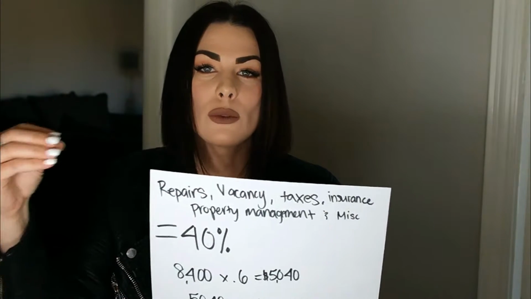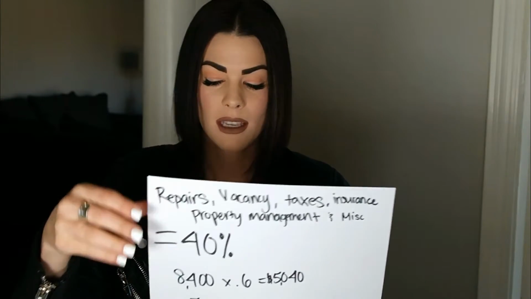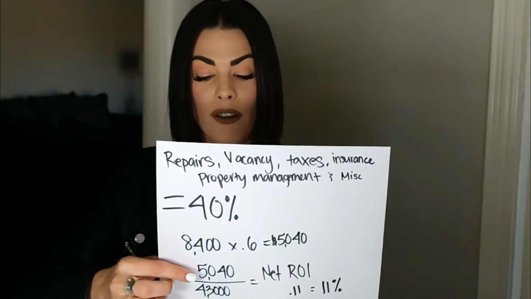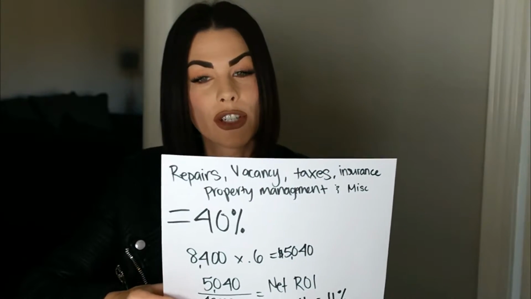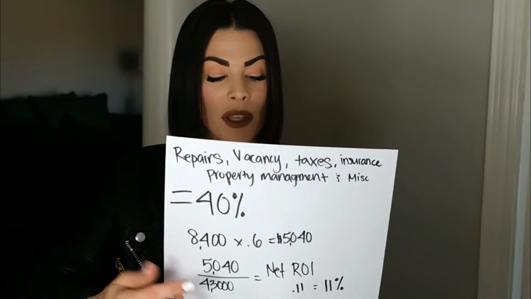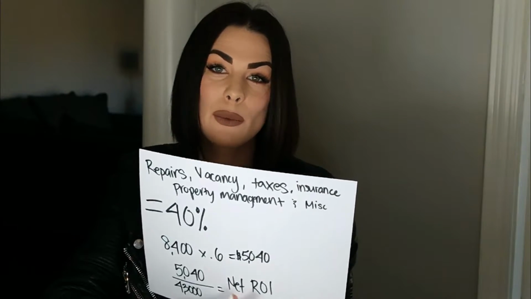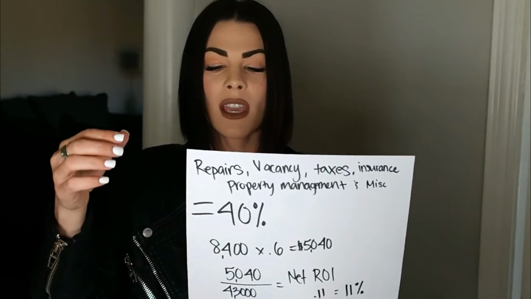That is your net rental income. That is how much you're going to make per year on this investment. So you would now take your $5,040 and divide it by your original money you've put into it, which is $43,000, and that gives you 0.11, which is an 11% return on investment.